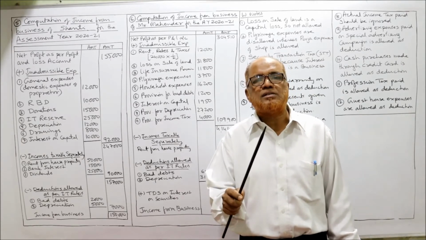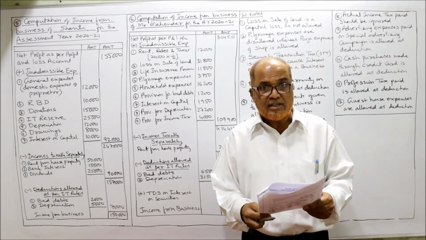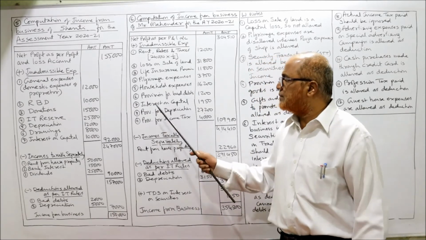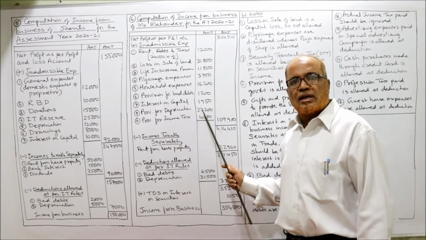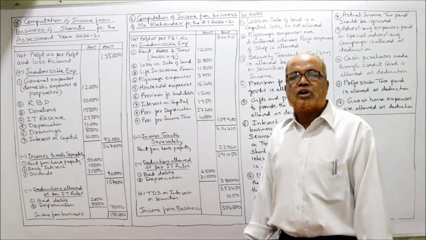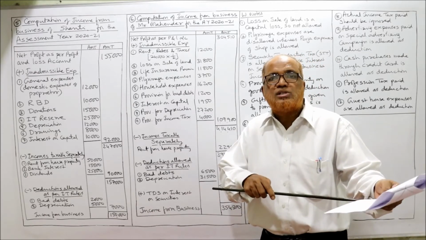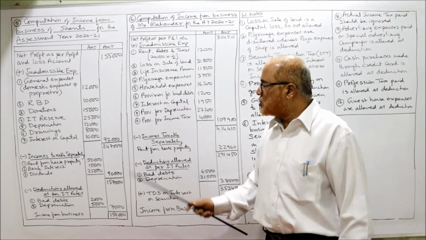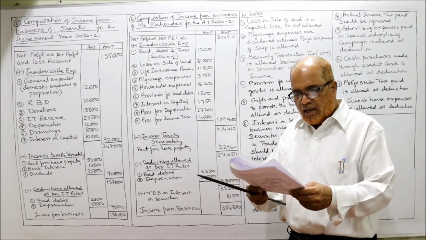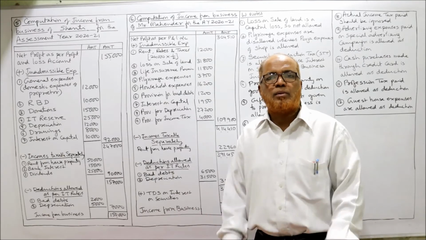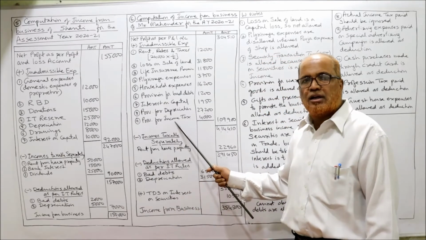So gifts and presents are allowed as deduction, assuming that it is to promote the business. Interest on capital, disallowed. Provision for depreciation, disallowed, because depreciation as per IT rules is given in the adjustment. Last one, provision for income tax, disallowed. Already in many problems I told you about provision for income tax.